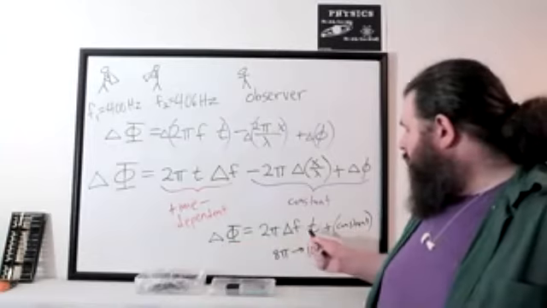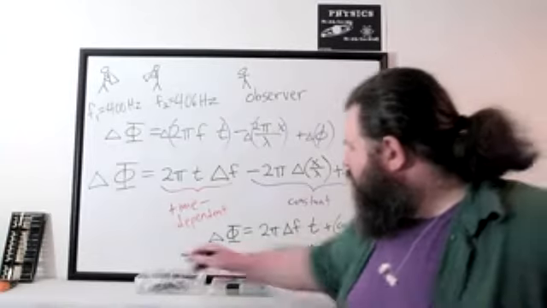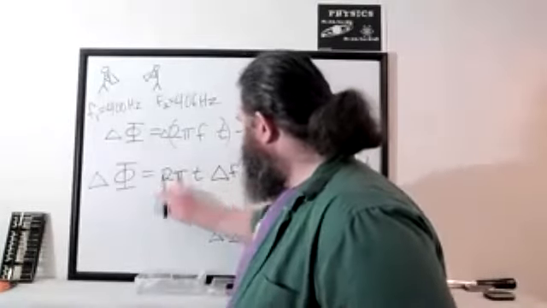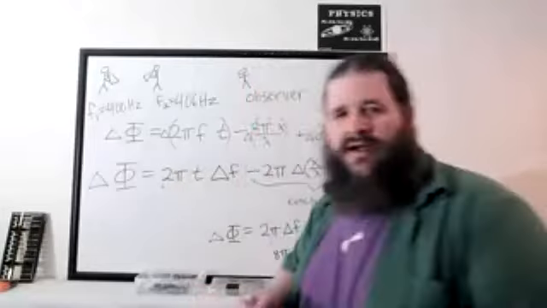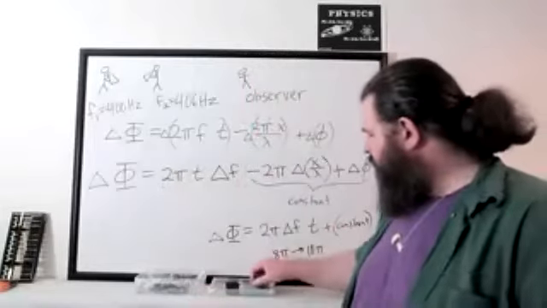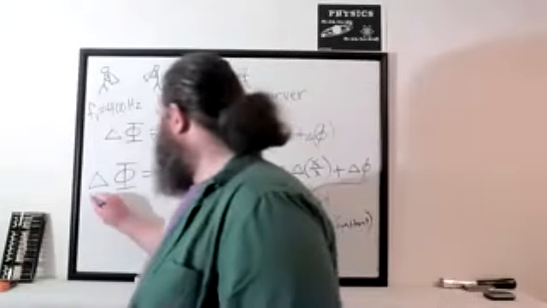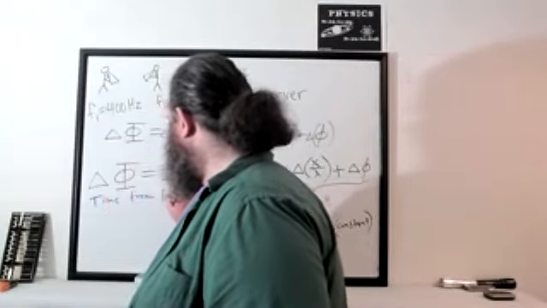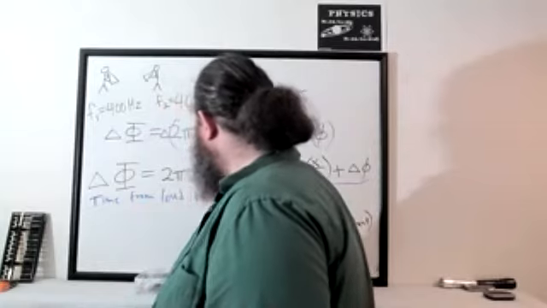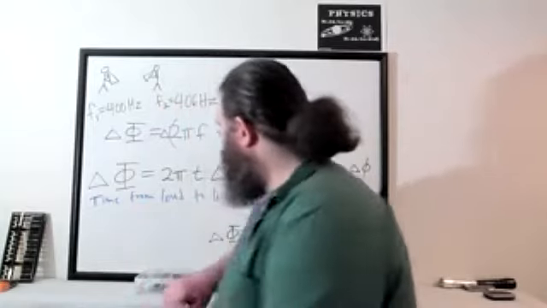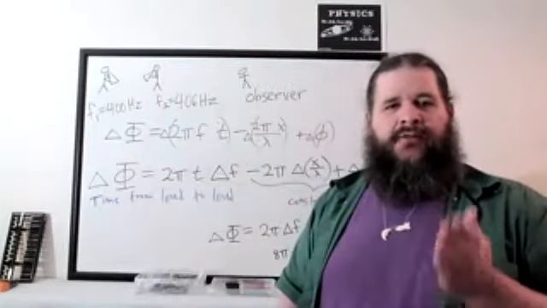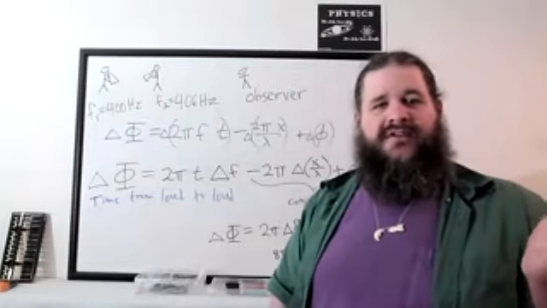But to convert that to an amount of time, if we want to know the amount of time from loud to loud, we can say delta phi changes from 8 pi to 10 pi, or from 10 pi to 12 pi, or 12 pi to 14 pi.